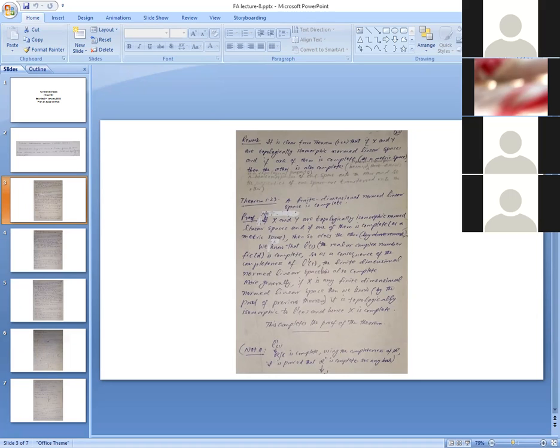What was the statement of the theorem? The theorem says that a finite dimensional normed linear space is complete. We considered an arbitrary finite dimensional normed linear space X, and we showed that this space is topologically isomorphic to L1n, because L1n is also an n-dimensional normed linear space possessing the property that L1n is complete.